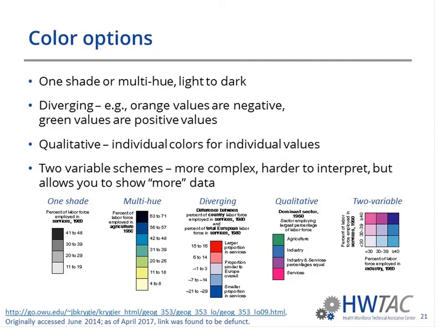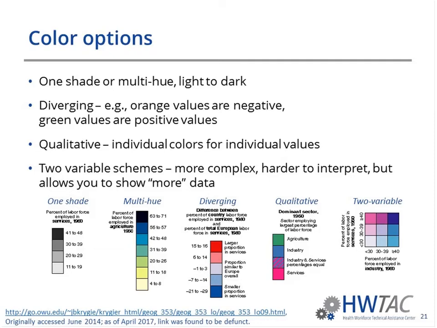There are multi-hues, and one popular example is going from a light yellow to a dark blue, where the progression from light to dark is intuitive, and it gives you a little more flexibility to have more legend categories than if you're doing one hue, like light blue to dark blue. The eye is going to have an easier time seeing that multi-hue distribution than it would for just one color shade.